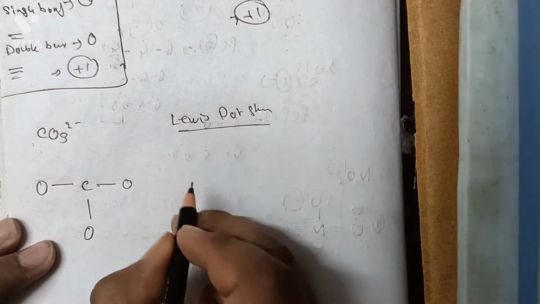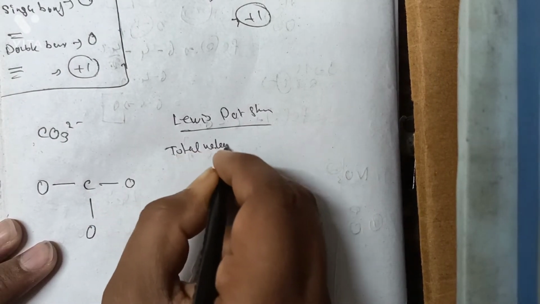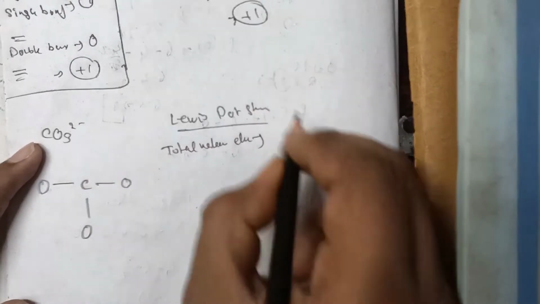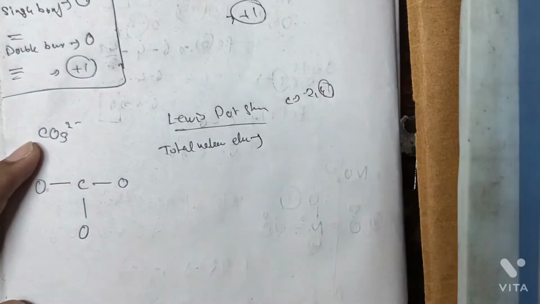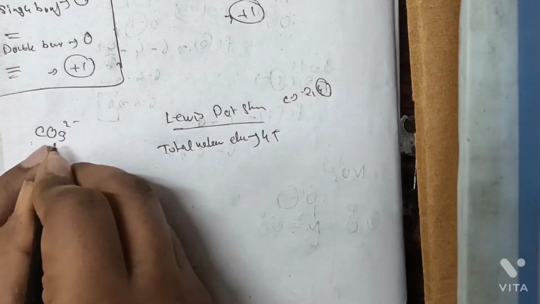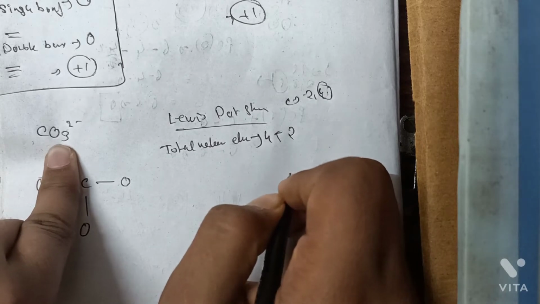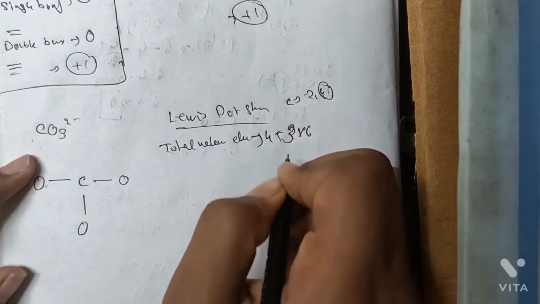First we will find the total valence electrons of all the atoms. Carbon has electronic configuration 2, 4, so it has 4 valence electrons. Oxygen has 6 valence electrons, and there are 3 oxygen atoms, so 3 into 6.